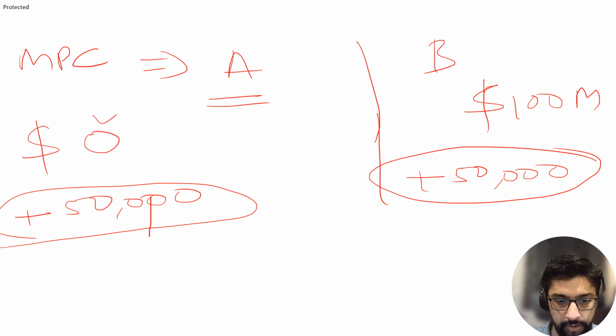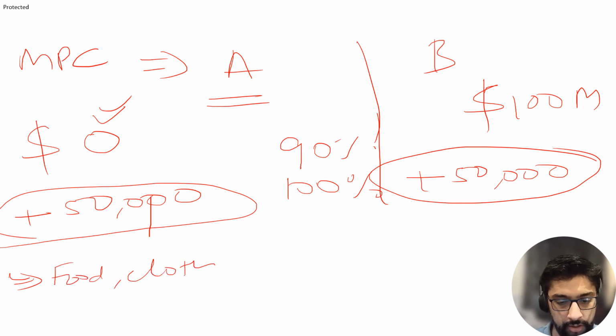Because Mr. A doesn't have any assets or wealth, most likely he's going to use almost 100%, or 90%, on real goods and services like food, clothing, rental payment, car installments, and so on and so forth.